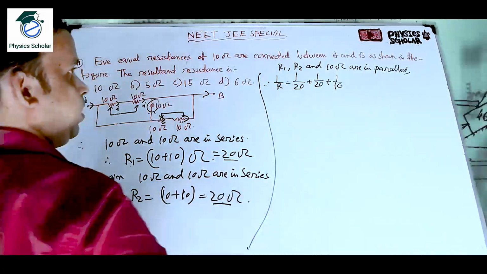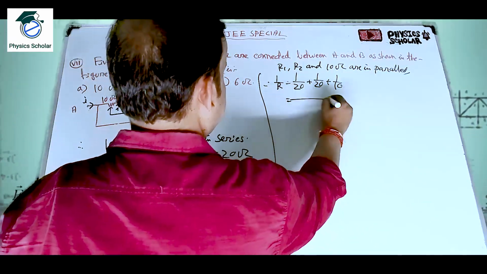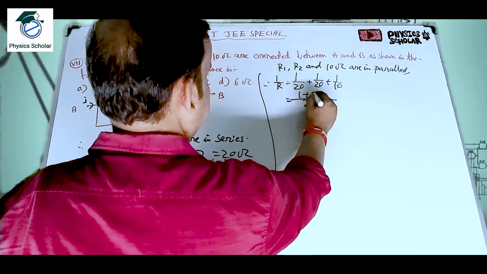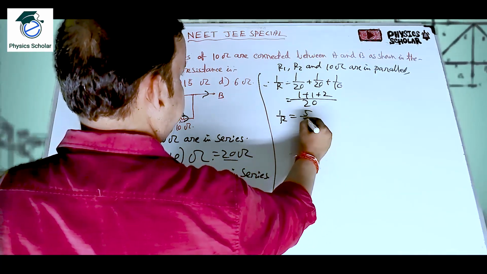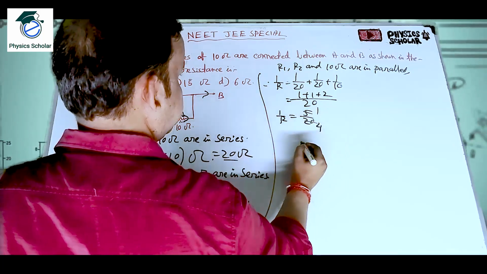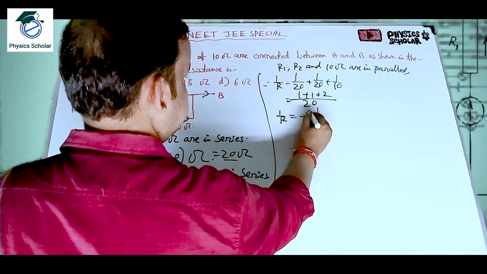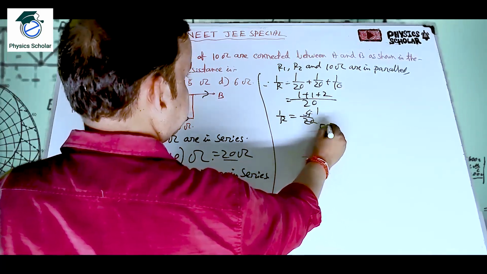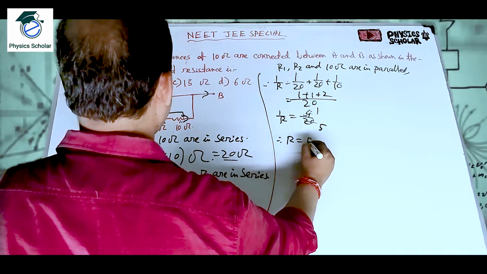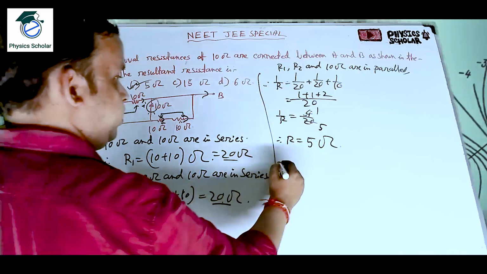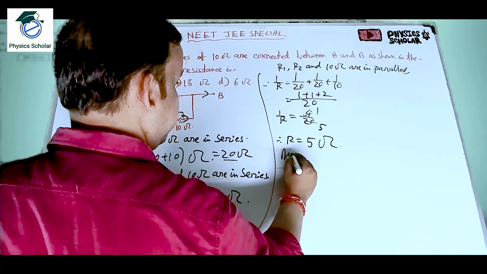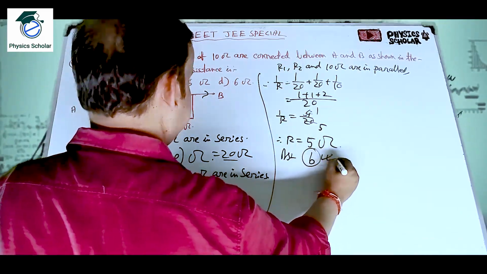These three are in parallel. Clear? So 20 will be the LCM. So 1 plus 1 plus 2. Clear? So 1 by R is equal to 4 by 20, that means 1 by 5. So R is equal to 5 ohms. Which is 5 ohms? Option B. So the answer will be option B. That will be the correct answer.